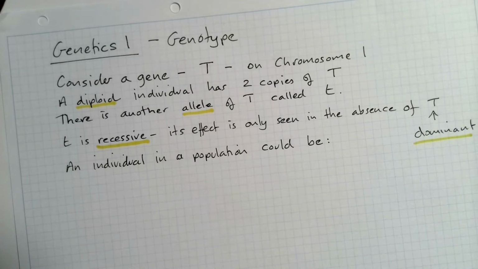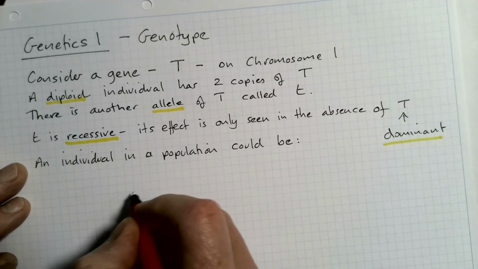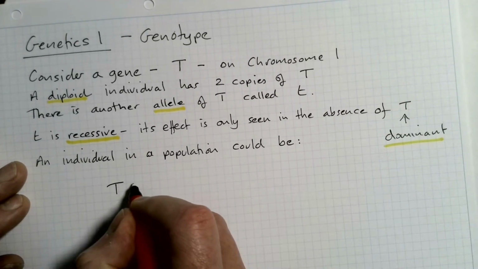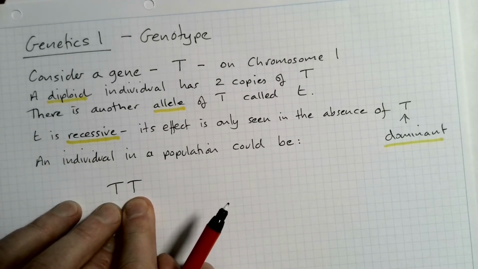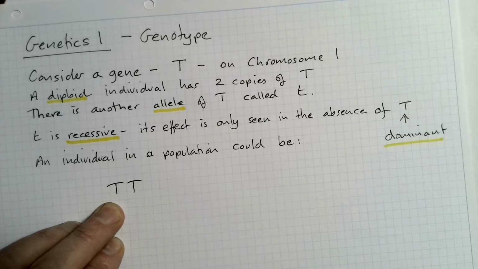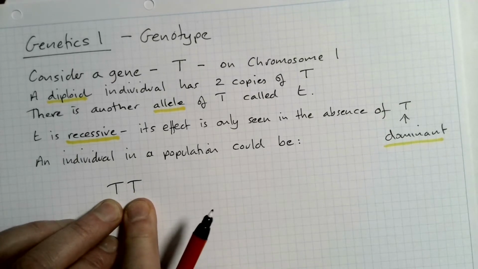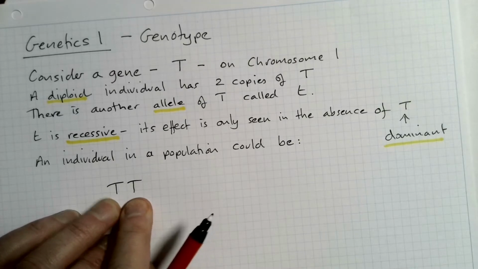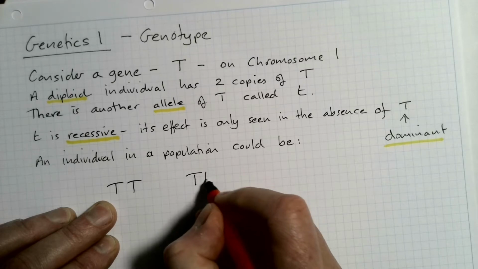An individual in the population could be one of 3 possibilities. It could be big T, big T. Remember, 2 copies of chromosome 1. It's got a copy of the gene on each chromosome. In this case, the first copy of chromosome 1 has a big T, and the second copy of chromosome 1 has the identical big T. It could also be big T, little t.